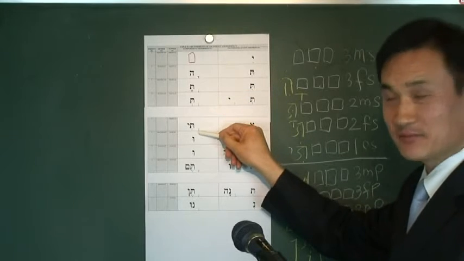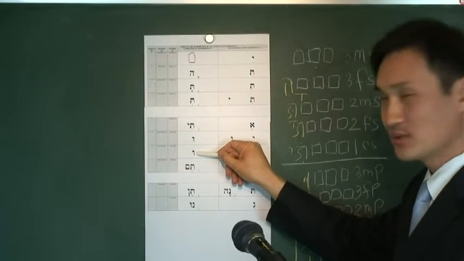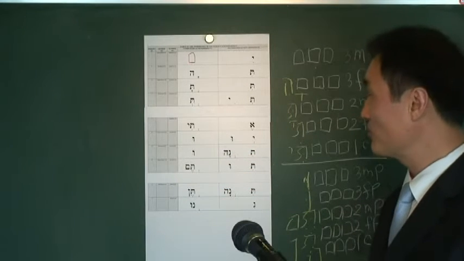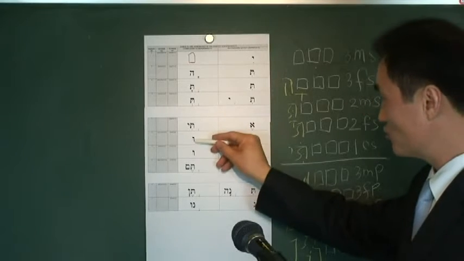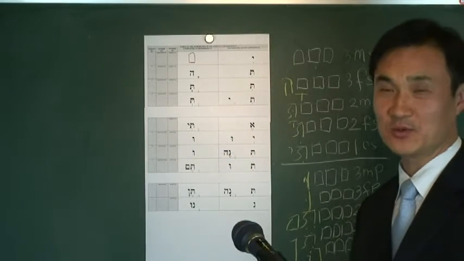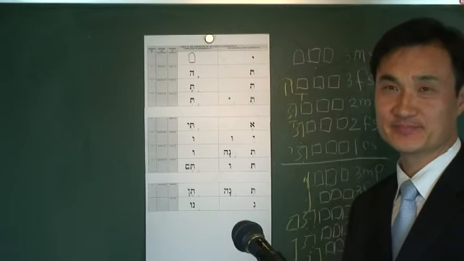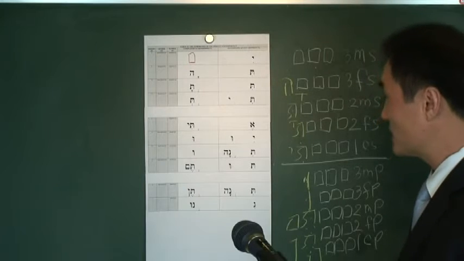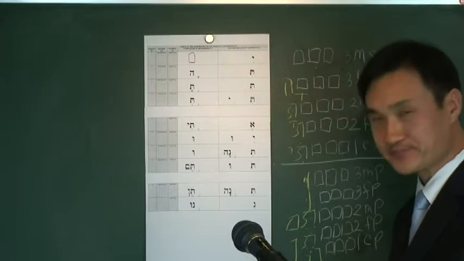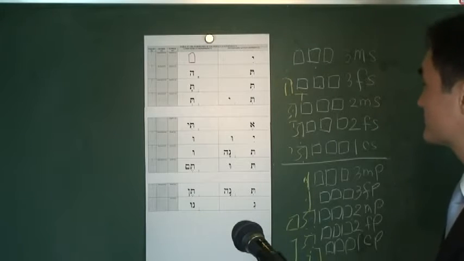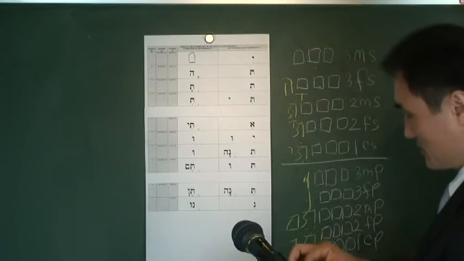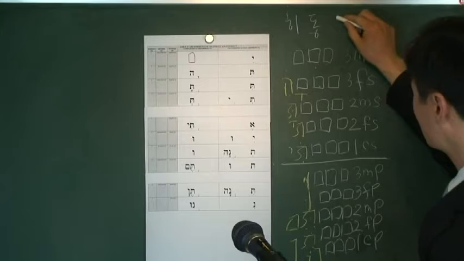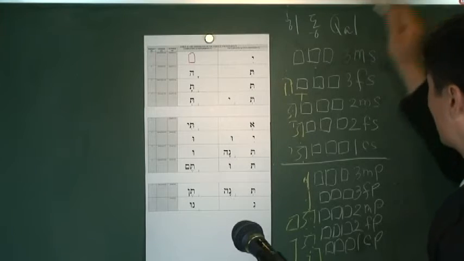Blank, a, ta, ti, u, tem, ten, nu. Blank, a, ta, ti, u, tem, ten, nu. You must memorize this. Let's briefly discuss the functions of this.